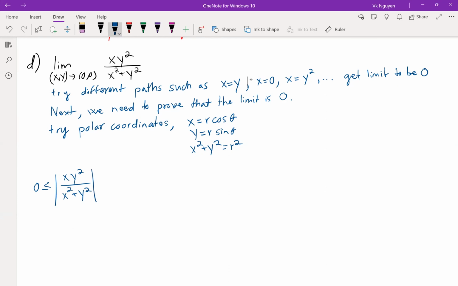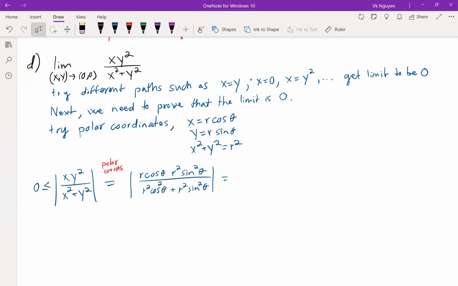x y squared over x squared plus y squared. And then we're going to be using polar coordinates: r cosine theta, r squared sine squared theta over r squared cosine squared theta plus r squared sine squared theta. Okay, what's this one?